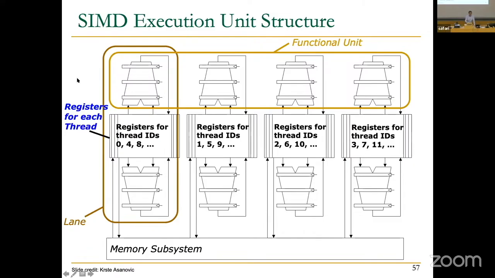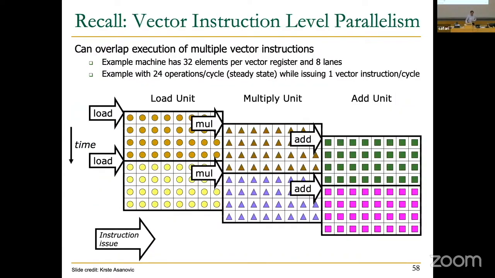This is a GPU execution unit structure. Essentially, we have registers for each thread. So thread IDs 0, 4, 8, and so on, have their registers over here. The thread IDs 1, 5, 9 have their registers over here, basically. So we partition the register file across threads, essentially. Not that much different. And then we called it vector instruction level parallelism. This picture is going to be very similar.